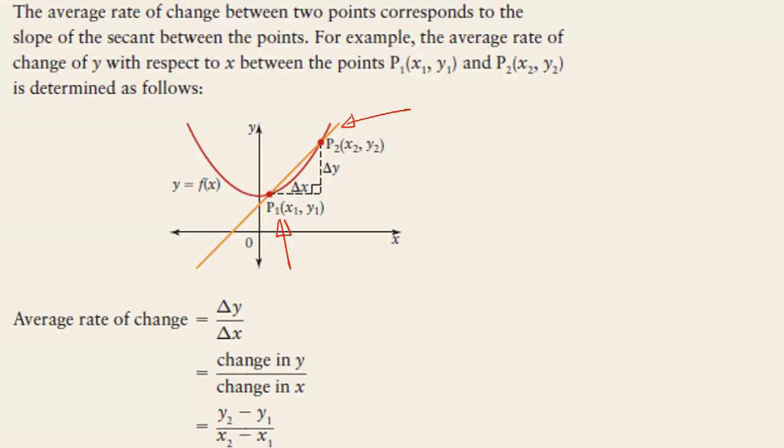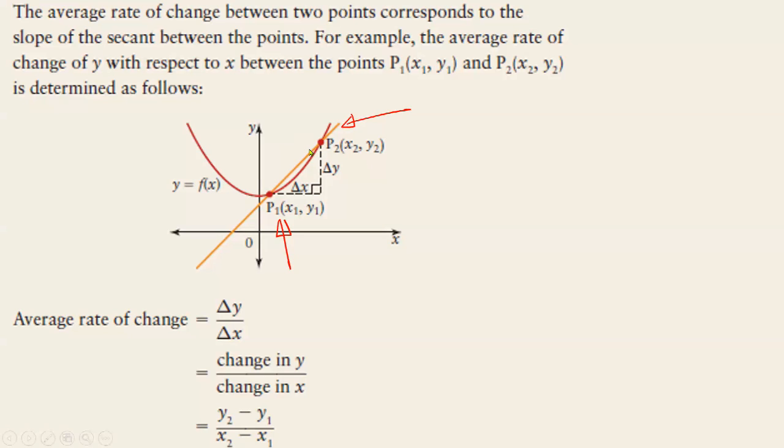Understand? And from the graph, we can see that is actually the slope of the secant line between P1 and P2, right? Okay, so this is a brief concept of the average rate of change between 2 points.